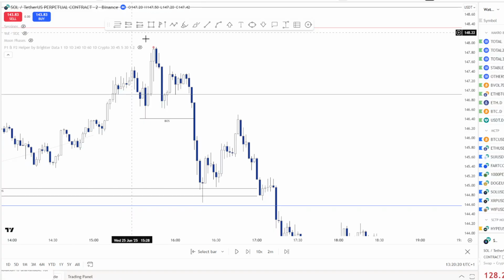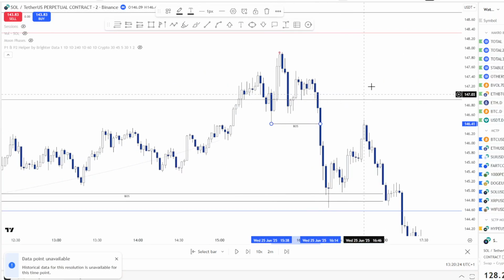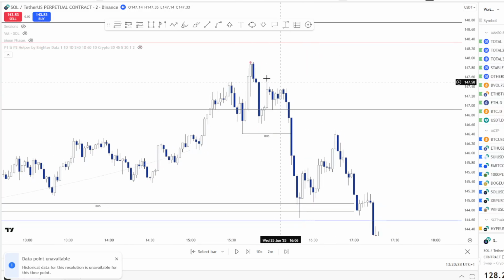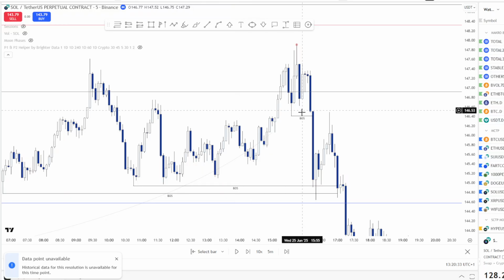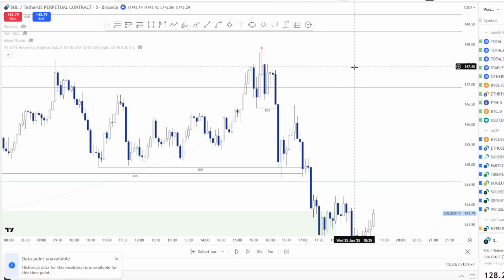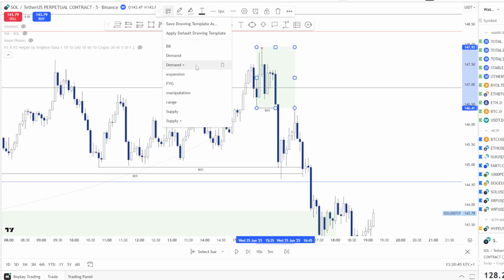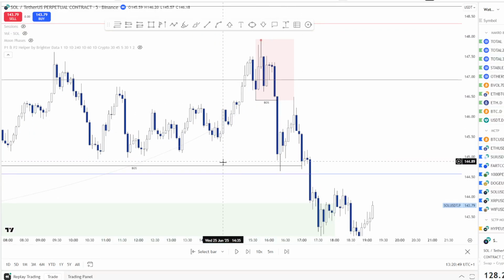On the 2, nothing. On the 1, I can't get on the 1. But yeah, so basically you would have entered here on the 5-minute, but this candle closes down here. Here we have our structure supply, which we came back for.